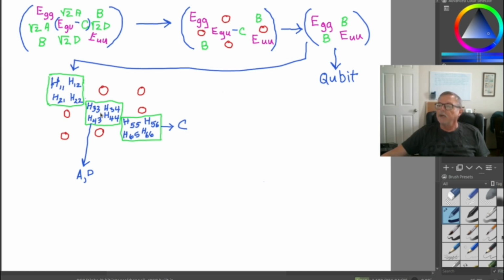There are 3 decoupled matrices. Each one of them is a 2 by 2. Here's the A and D here in the middle. Here's the C out here. I hope that's enough. Took me forever to put these pictures together, but I hope that's enough so we can go on to quantum computing.